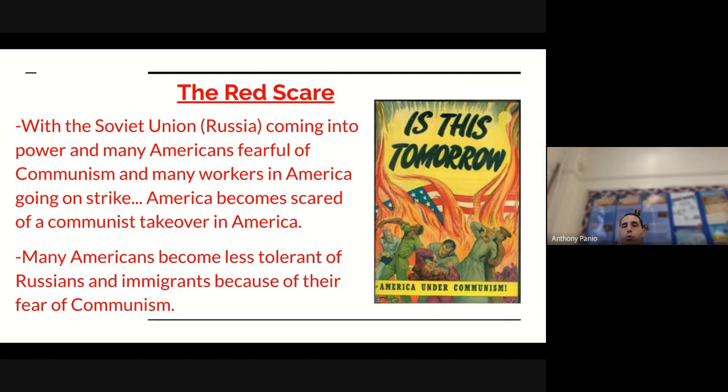But then there were groups of people in our country who wanted that to happen. So many Americans became less tolerant of Russians and many immigrants because of their fear of communism. The idea was if you let in some Russian and Soviet Union people, that could lead to people being persuaded to eventually accept communism. So this became a real big fear in the United States.